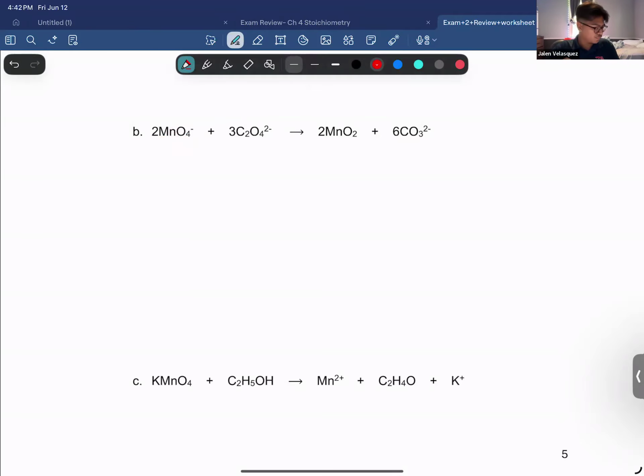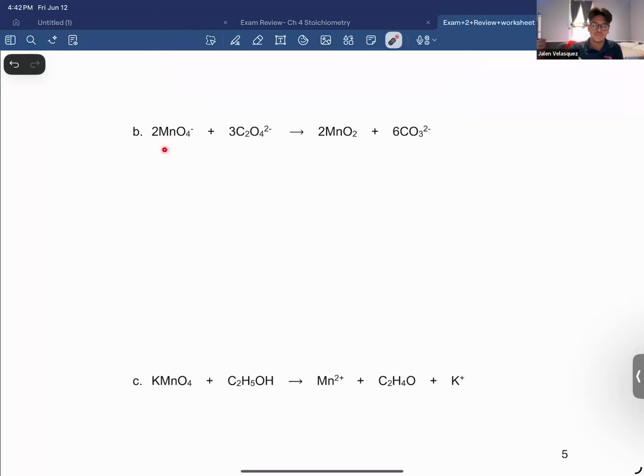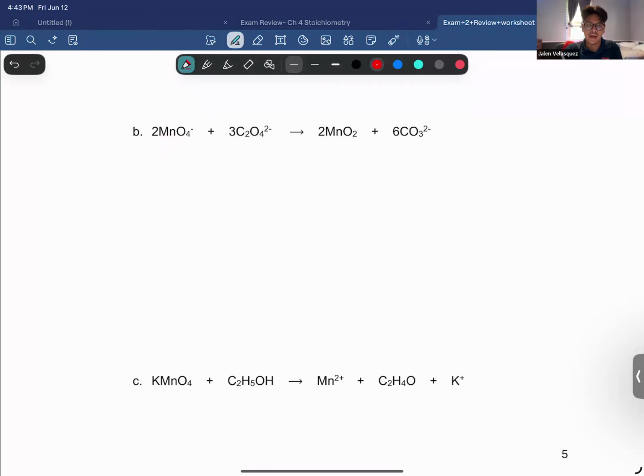Okay, so for MnO4, again, we know that oxygen is -2, right? So Mn, I don't know, right? So we kind of have to do some algebra to figure this out. So Mn, I don't know, is going to be X plus oxygen, which we know is -2 times 4. And we're going to set the equation equal to -1.